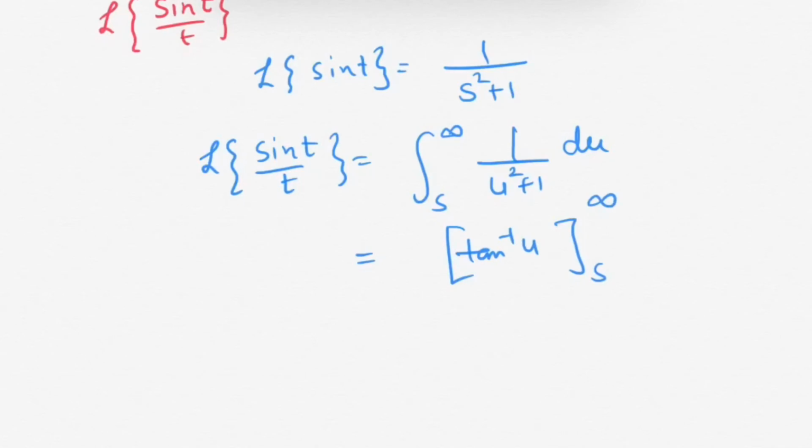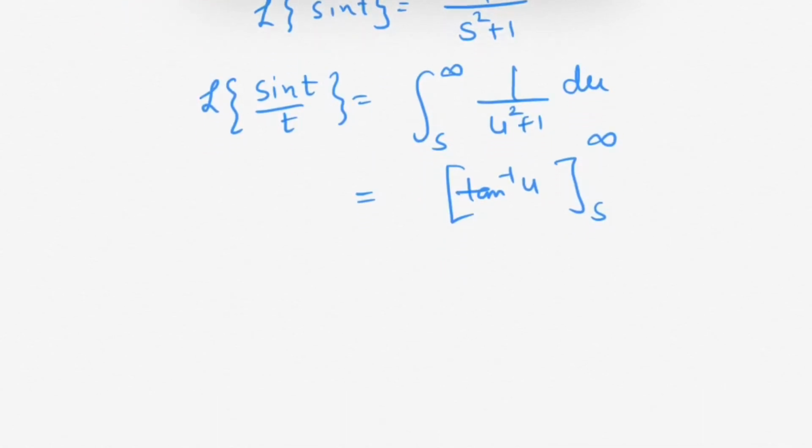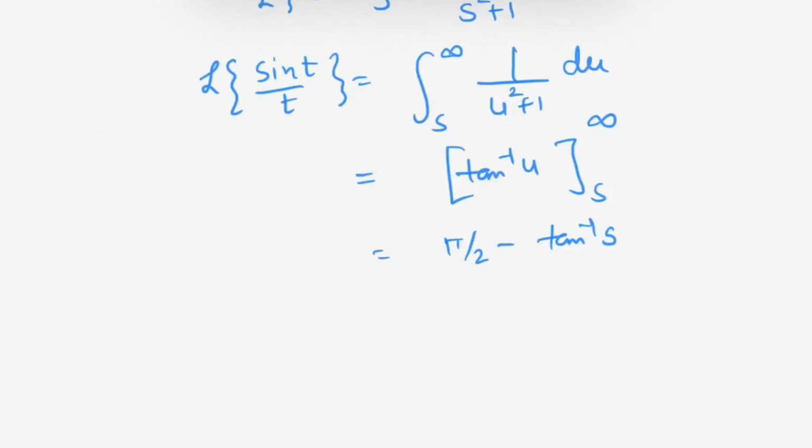When you put in the limits, you get pi by 2 minus tan inverse s, and this equals cot inverse s. I can also write this as tan inverse 1 over s.